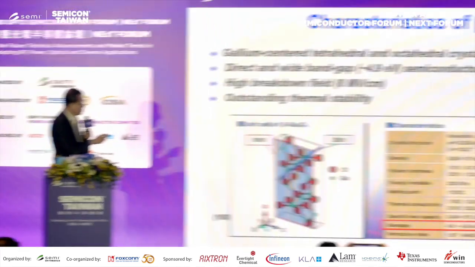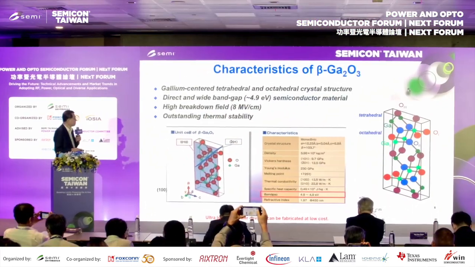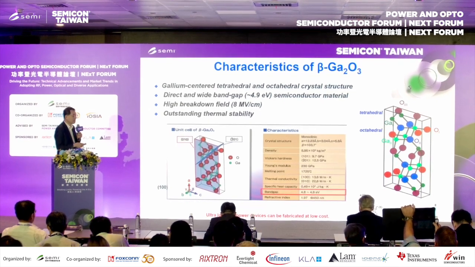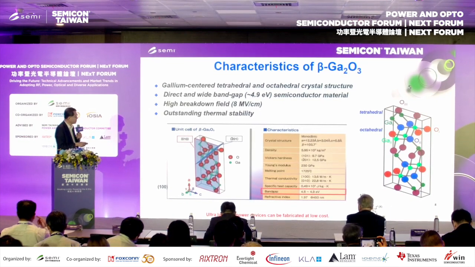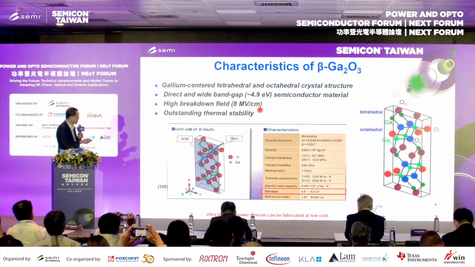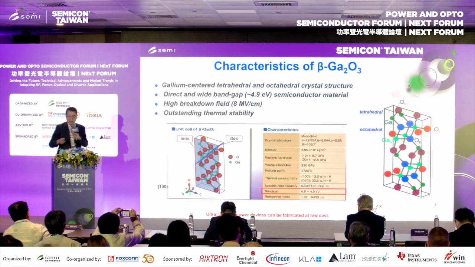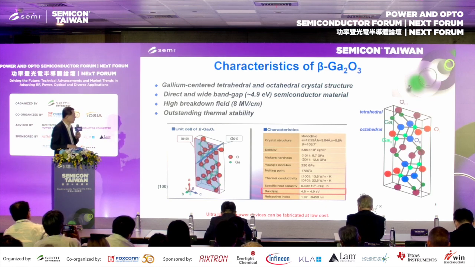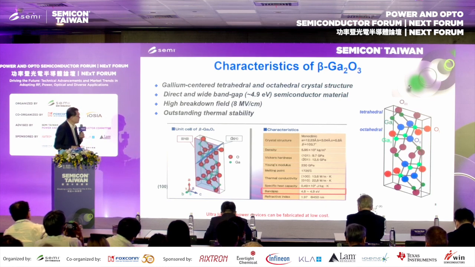One of the advantages we expect from beta phase gallium oxide is a high breakdown field, higher than gallium nitride or silicon carbide, and also thermal stability.